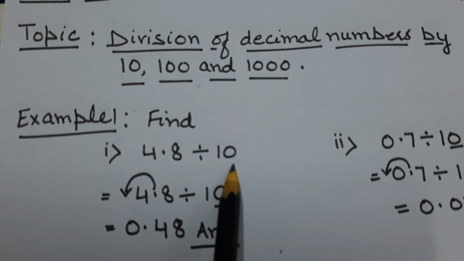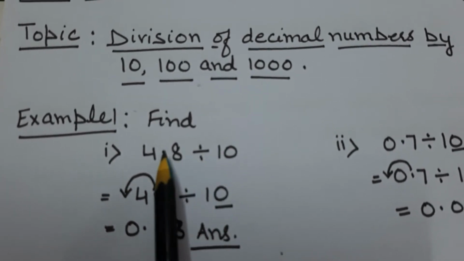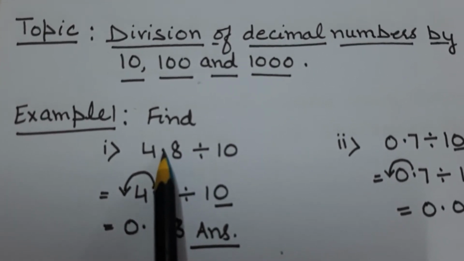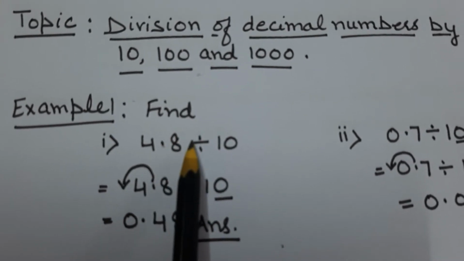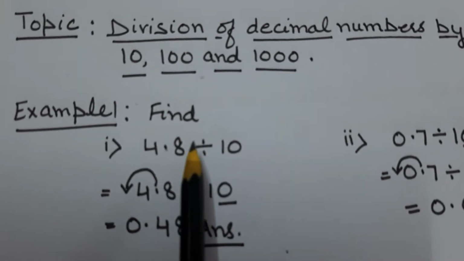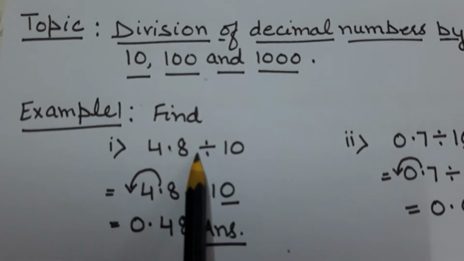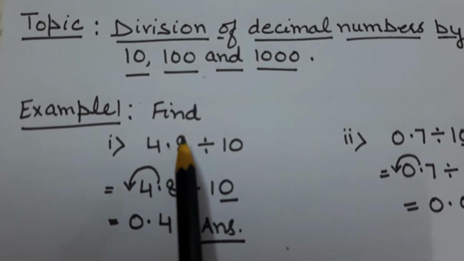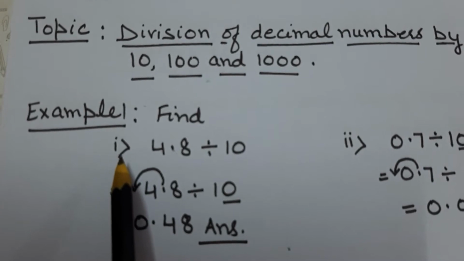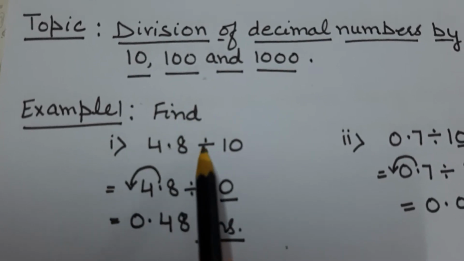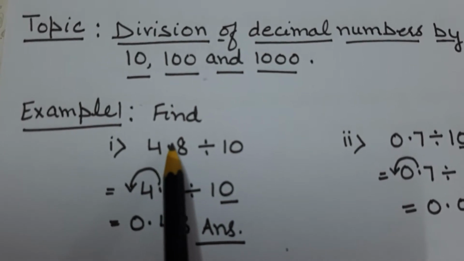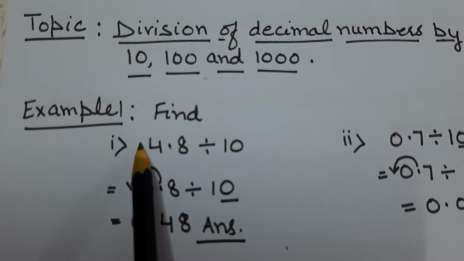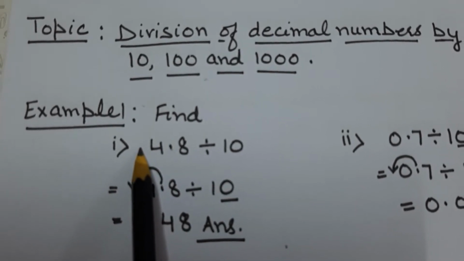Okay, if you remember, in multiplication we shifted the decimal to the right side, but in division we always shift the decimal in the opposite direction. Means in multiplication it is towards the right-hand side, in division it moves towards the left-hand side.